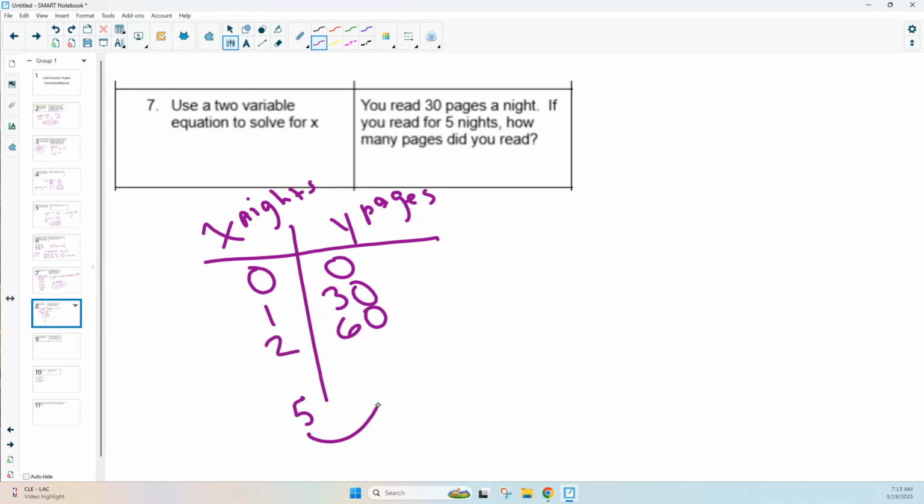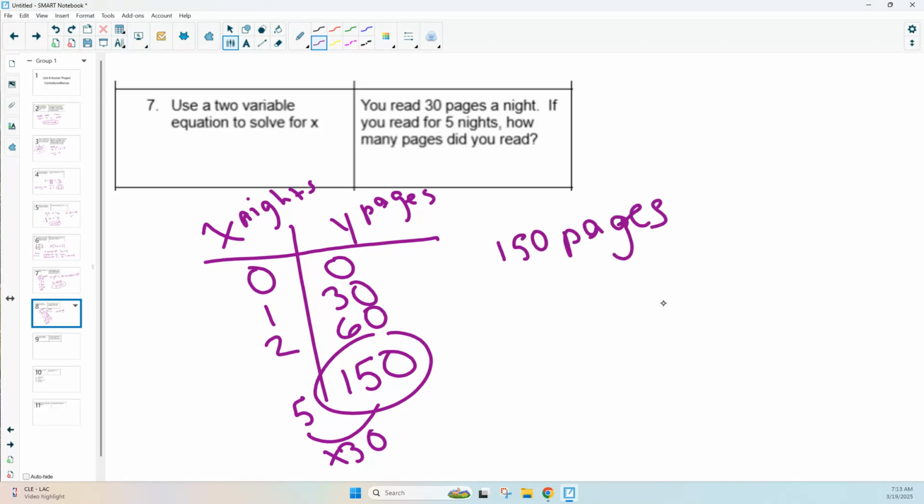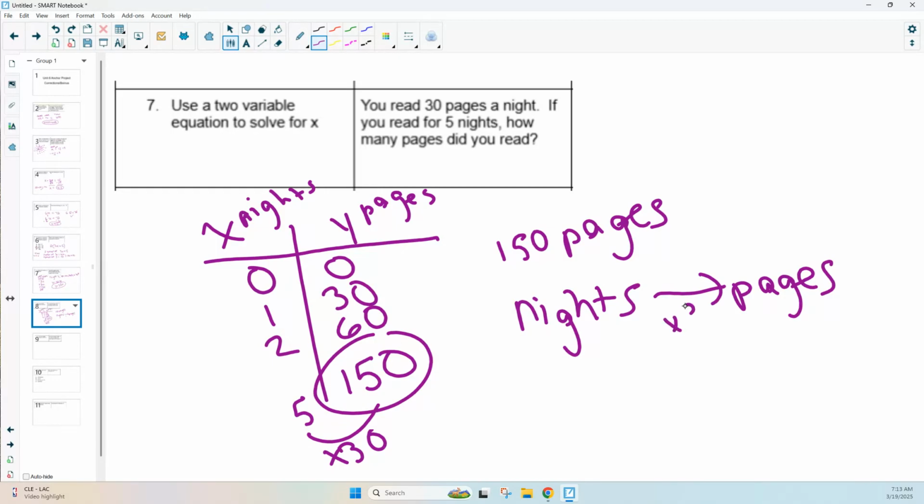So if I want to go to 5 nights, 5 times 30 is 150. So we have read 150 pages, because to go from nights to pages, we multiply by 30. 5 nights times 30 equals 150. All right, let's keep going.